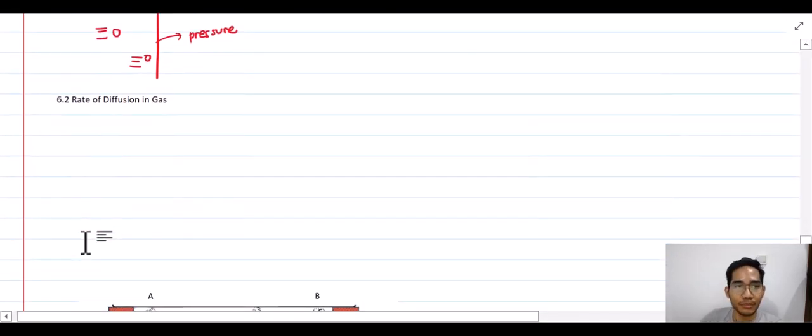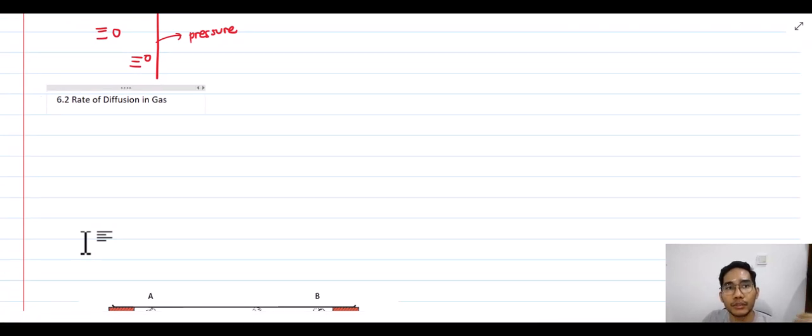Now, let's move on to the rate of diffusion of gas. We already talked about diffusion, right? So diffusion is the mixing or the spreading of particles in liquid and gas. Now, what is the rate of diffusion? The rate of diffusion is just how fast or how quick a diffusion of gas happens.